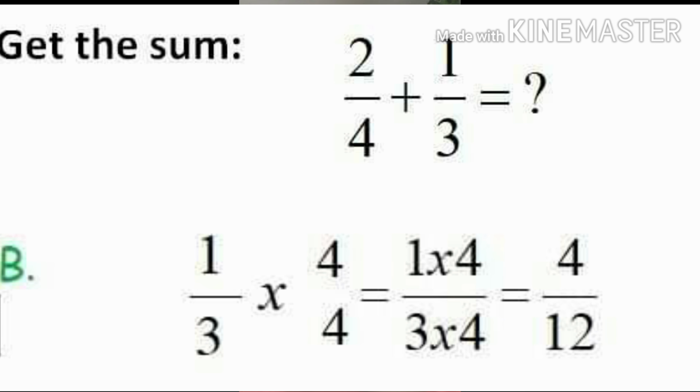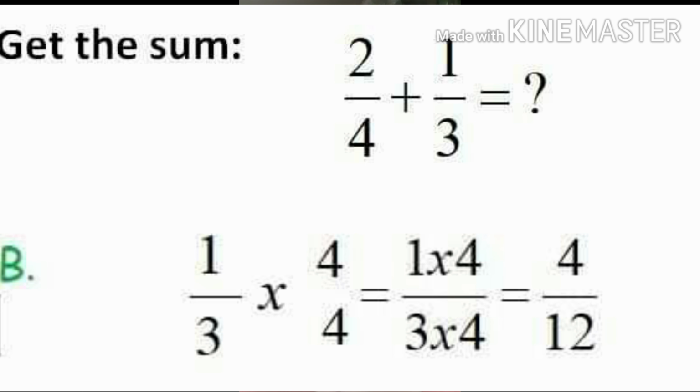You need to multiply this by 4 in order to come up with 12. And since you will be multiplying 4 to the denominator side, you need to do the same on the numerator part or the upper number. So multiply 1 by 4, that would give you 4. Multiply 3 and 4, that will bring out 12. Remember, 12 is our least common denominator.